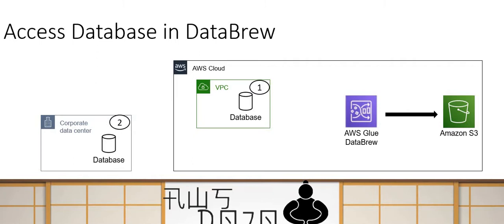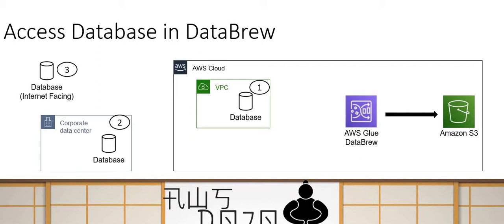The other scenario is that your database is in some other network. It could be your on-premises network or some other network outside AWS where this database is located. A third scenario, which is a very rare scenario, is that you have an internet-facing database, which, to be honest, is very rare.